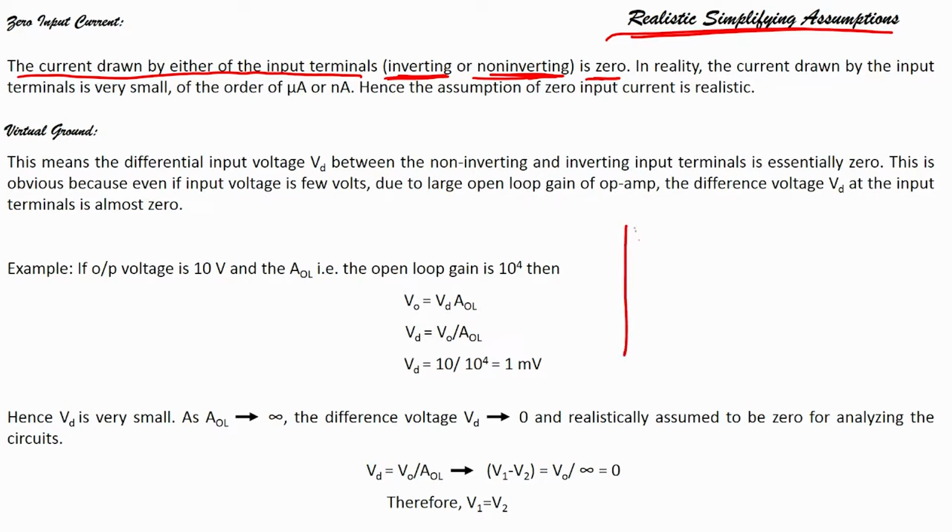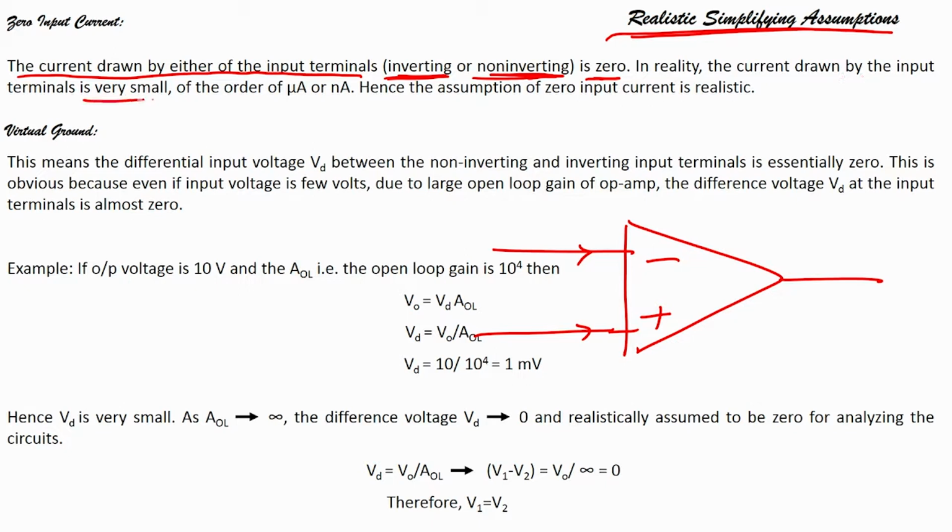When we say either of the input terminals, we mean we have two terminals, the inverting terminal and the non-inverting terminal, and we have an output terminal. What we are assuming is that the current drawn by the inverting or non-inverting terminal is 0. In reality, the current drawn by the input terminal is very small, that we have seen, right.